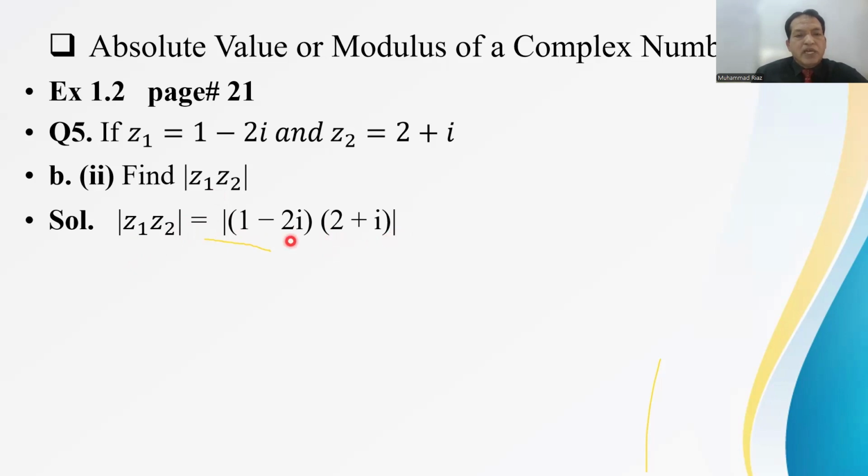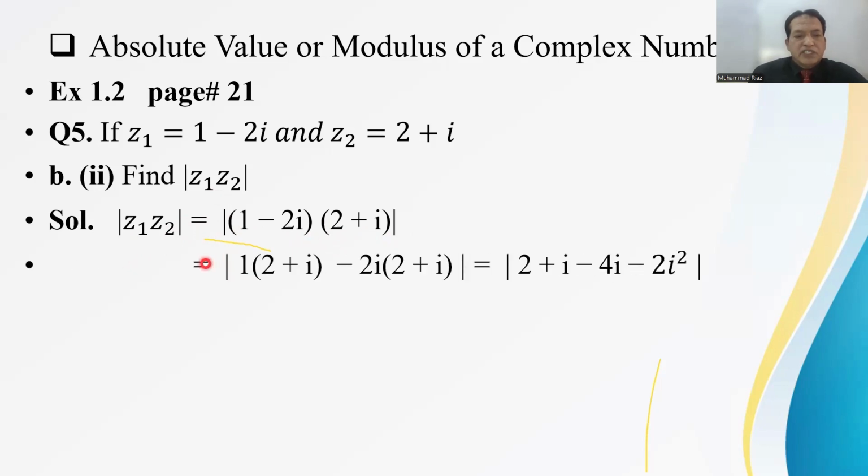Now we will multiply 1 minus 2 iota and 2 plus iota with each other. Now look, first of all, 1 multiplied by 2 plus iota, and then minus 2 iota multiplied by plus 2 plus iota, the second complex number. This is actually the distributive property of multiplication. Now 1 multiplied by 2 and 1 multiplied by plus iota, we will get iota.